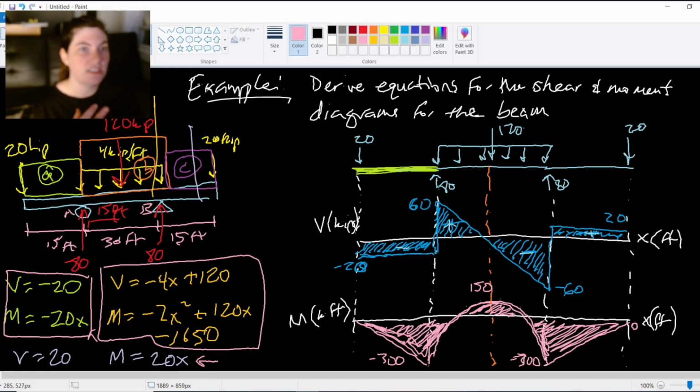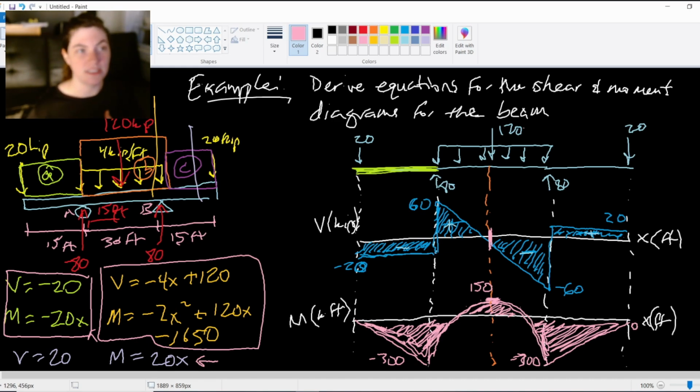So we have these additional relationships that we're going to be exploring in the next video of how we relate shear and moment together using calculus, right? There's a reason that this maximum moment occurs right where the shear is 0. We're very familiar with finding maximums and minimums using derivatives and calculus, and this is the same thing.